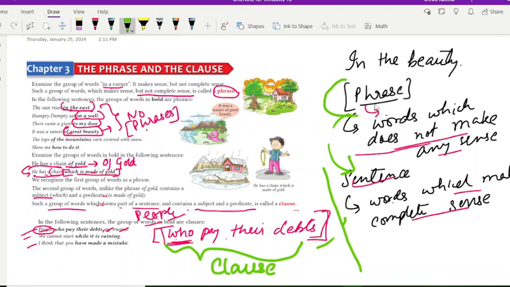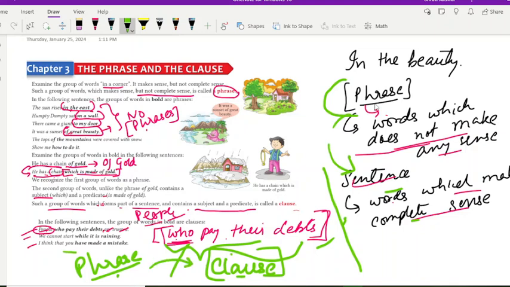So the basic difference between phrase and clause is that a phrase does not have any kind of subject and predicate, but a clause has a subject and predicate, though it does not make complete sense. Sentences are those words which make complete sense, and phrase and clause are those which do not make complete sense, but a clause is much better than a phrase because it has a subject as well as a predicate.